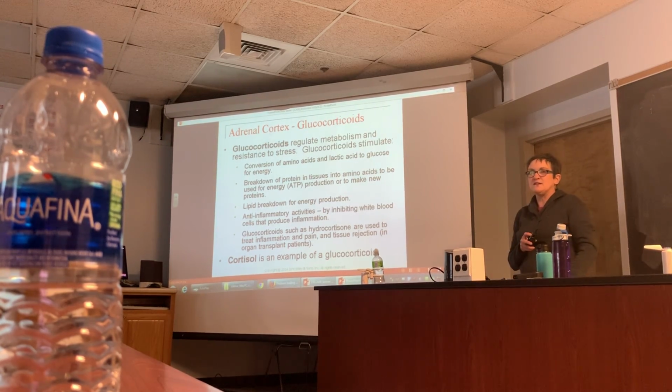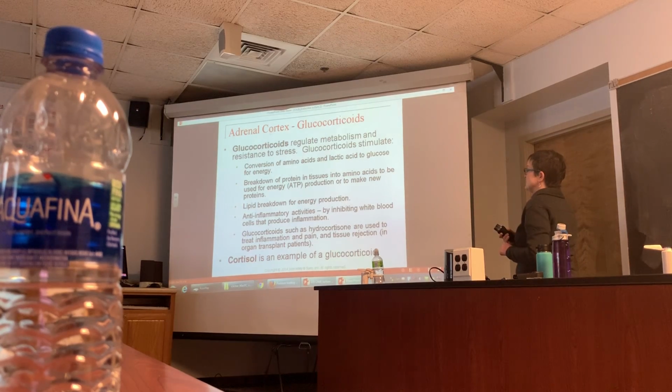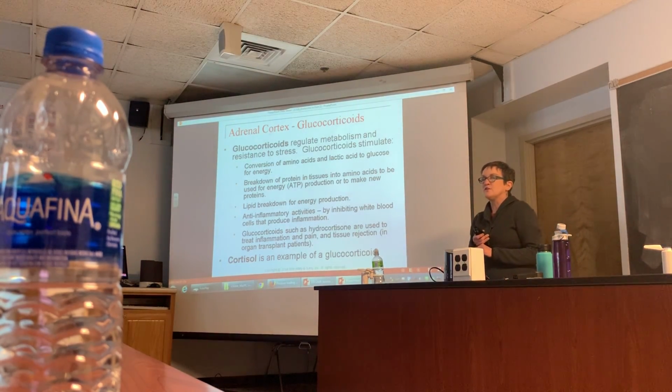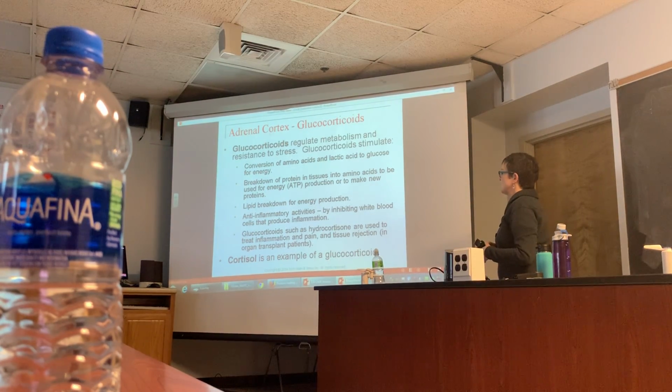Glucocorticoids, as the name implies, affect glucose metabolism, but they have other effects as well. Some of the things they do: they stimulate the conversion by the liver. Your liver has enzymes that can convert amino acids and lactic acid to glucose for energy.